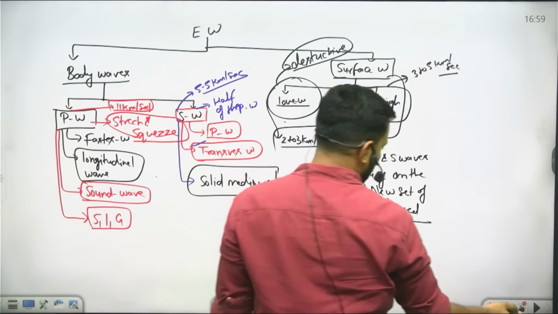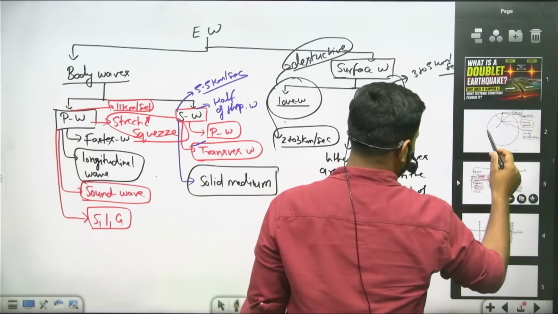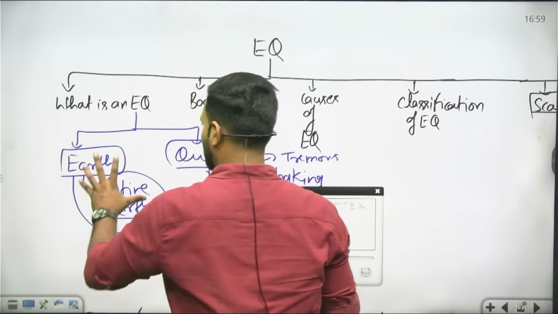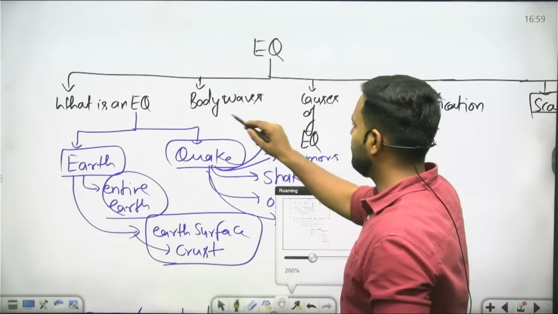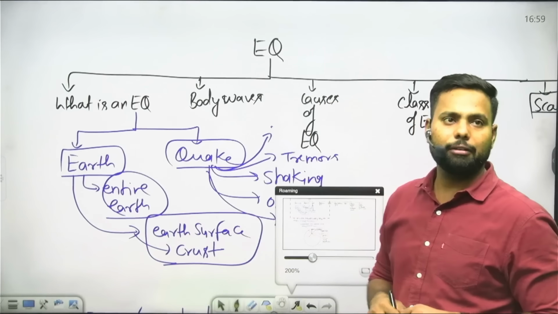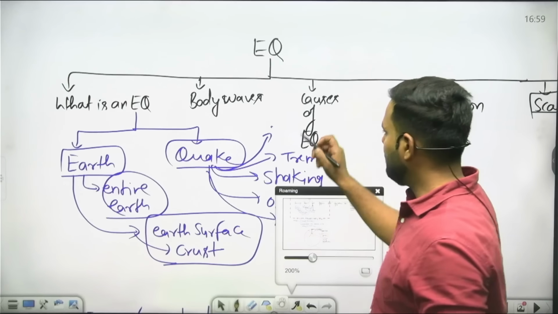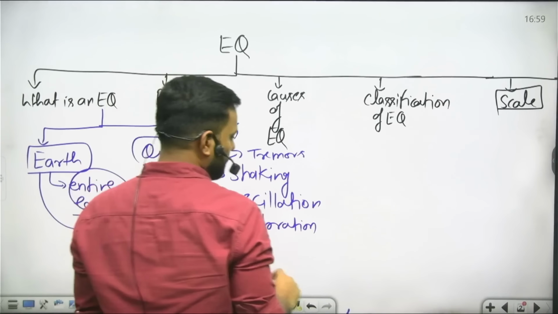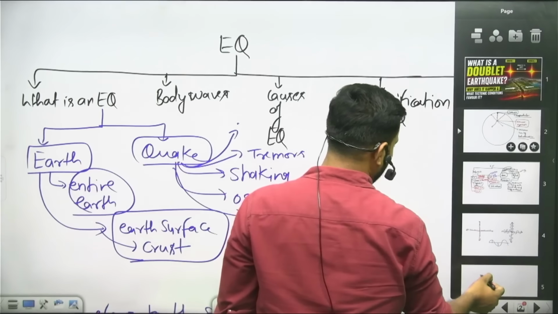Okay, now again we come to the topic, what was our topic? Our topic is what is earthquake. We have done with the basic meaning, we have done with epicenter, we have done with the focus, and we have done with the body waves. Now we are going to discuss the causes which are responsible for the earthquake.